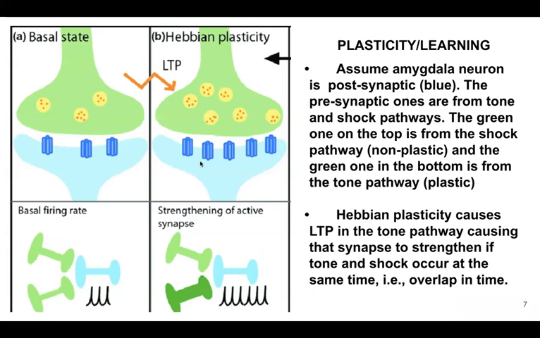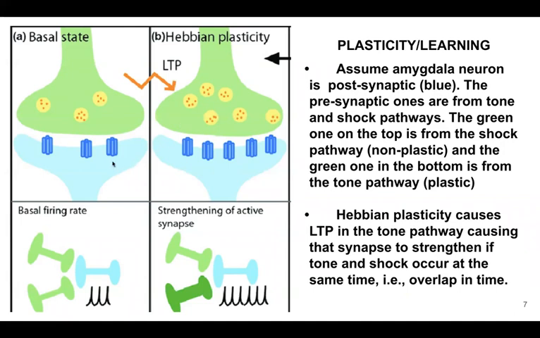So let me explain this one more time. Assume that the amygdala neuron is postsynaptic, and the presynaptic neurons are from the tone and shock pathway.